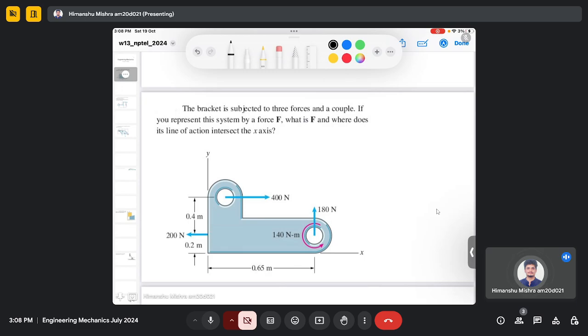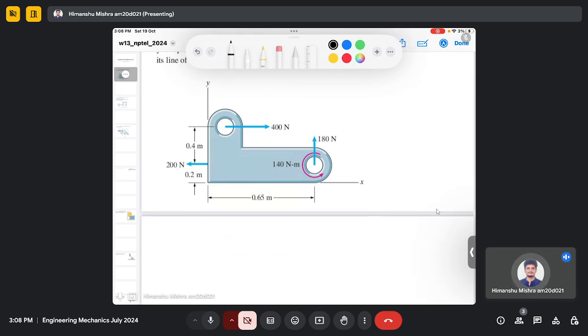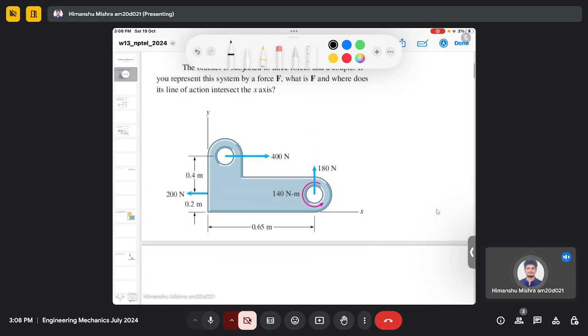So usually in the problem of equilibrium, first we draw the free body diagram. So this is the free body diagram that we have given, and then we need to find the force F. Here the resultant force we need to find, and we need to find where the line of action intersects the x-axis. There will be some line of action.